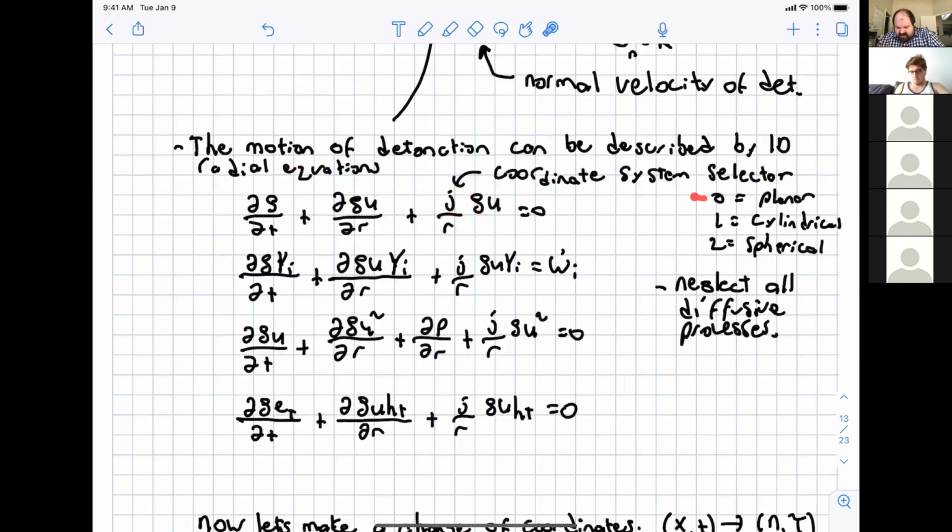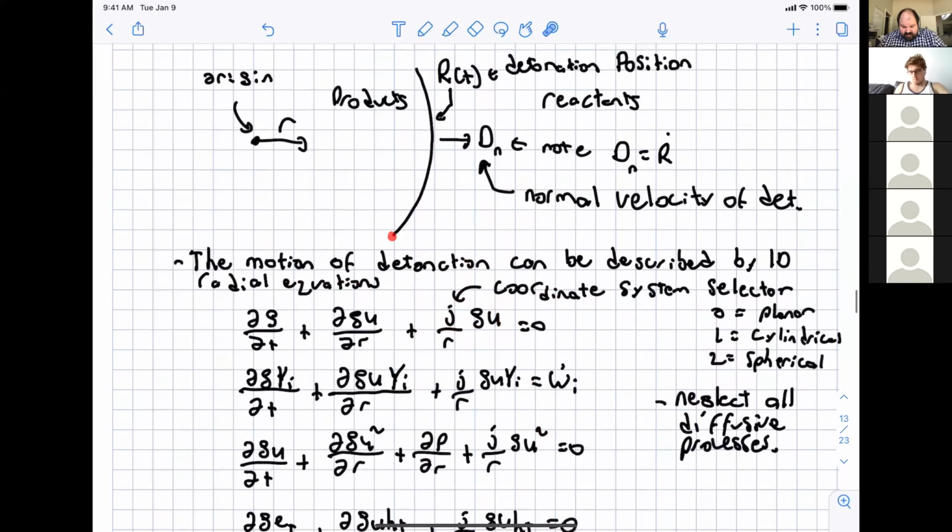But if J is 0, you have a planar system, because all these extra geometrical source terms go to 0. If it's 1, our detonation is an expanding cylinder. If it's 2, our expanding detonation is an expanding sphere. Of course, we're assuming 1D radial flow, so there is no dependence on theta.